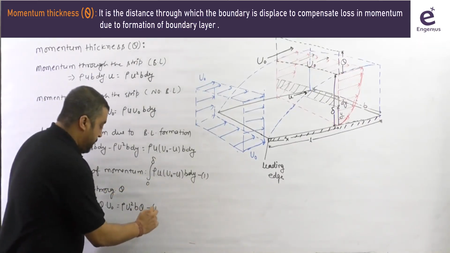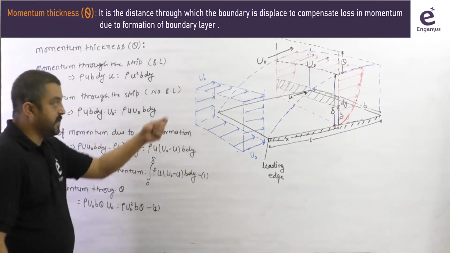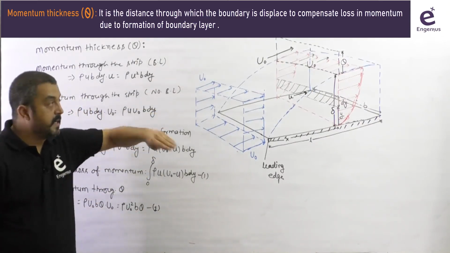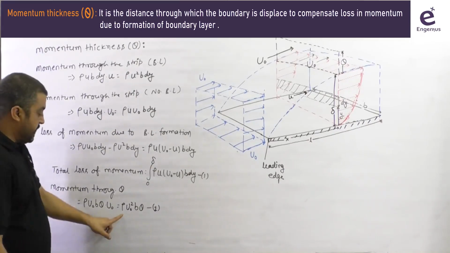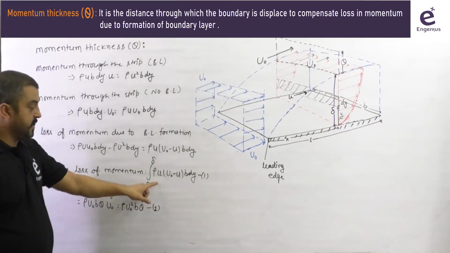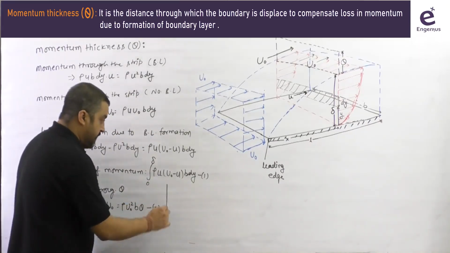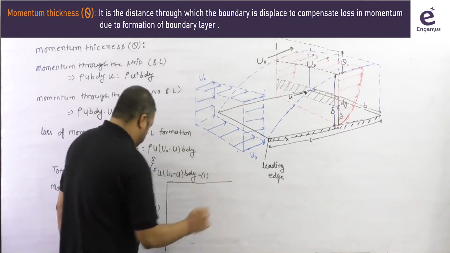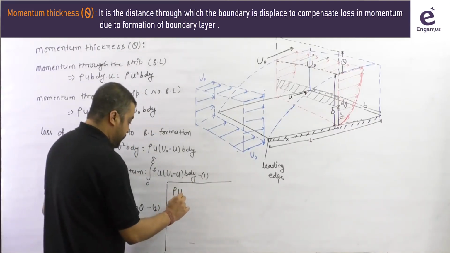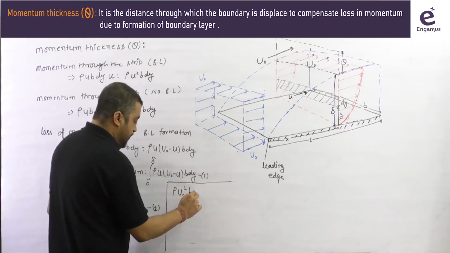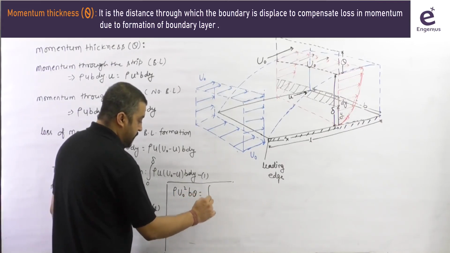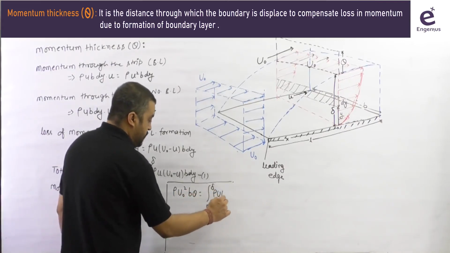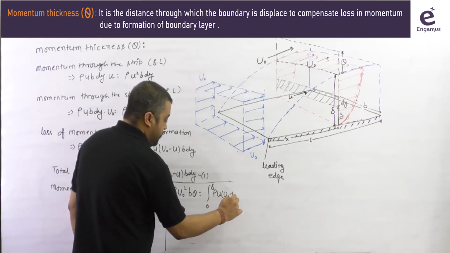So here you have to not make the mistake of keeping the mass as rho u b dy here as well. No, no, no, this is in the free stream. So here this is rho u naught b theta. So obviously we can equate terms 1 and 2, and we find rho u naught square b theta equals integral 0 to delta of rho u naught minus u b dy.